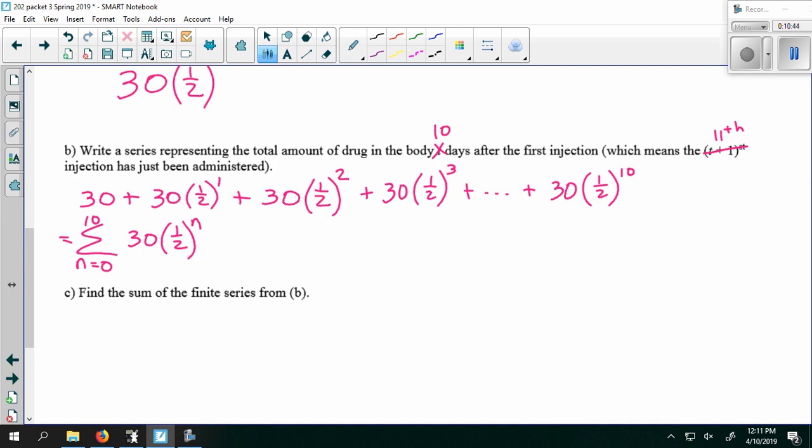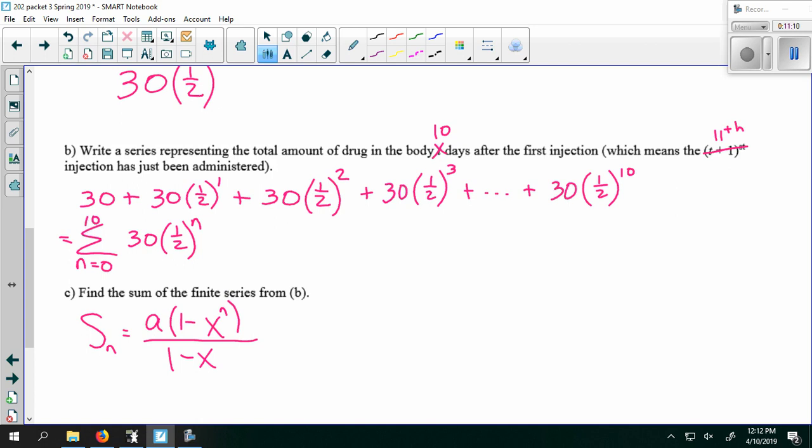Okay, so to find the sum of the finite series from B, I need the formula for the finite geometric series. All right, that formula, S sub n, is A times 1 minus x to the n over 1 minus x. And n is the number of terms. So in this case, it's 11.